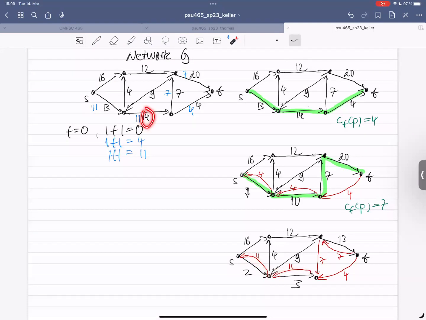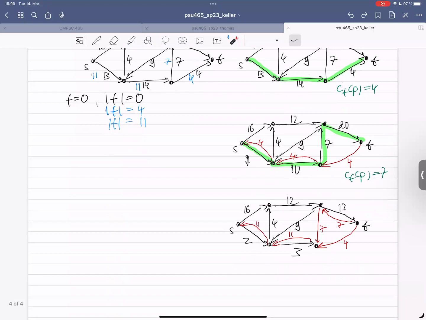Out of this 14, we have 3 left, since we already pushed 11 units. Here we pushed 7 units of flow. So this edge in this direction is gone, but in the reverse direction, we can undo 7 units of flow. Here we have 13 left out of 20. And here nothing's left out of the 4, but we can of course undo 4 units of flow. So this seems to be correct.